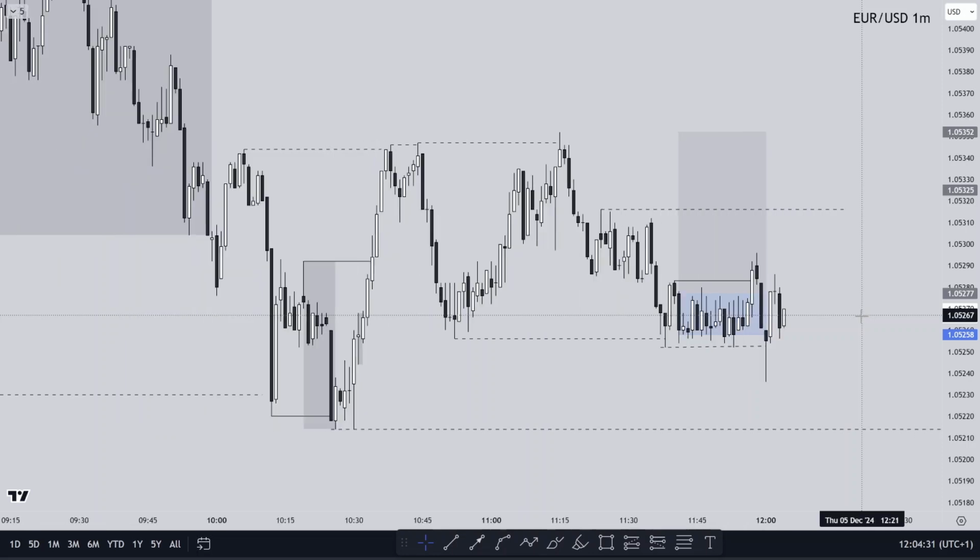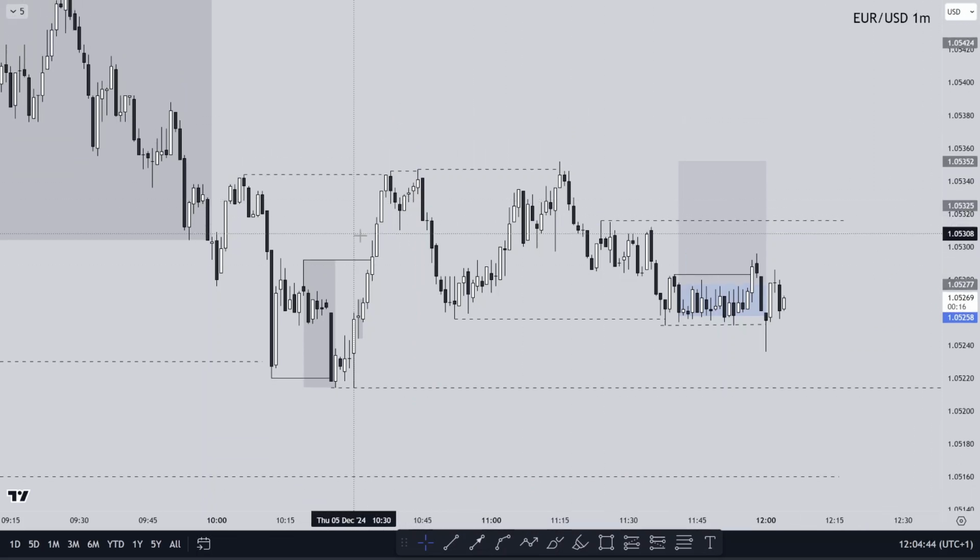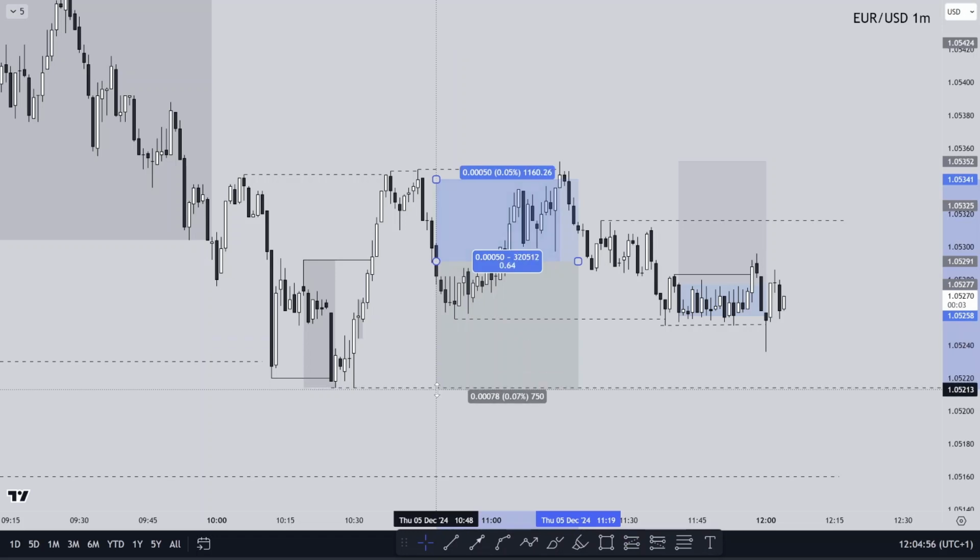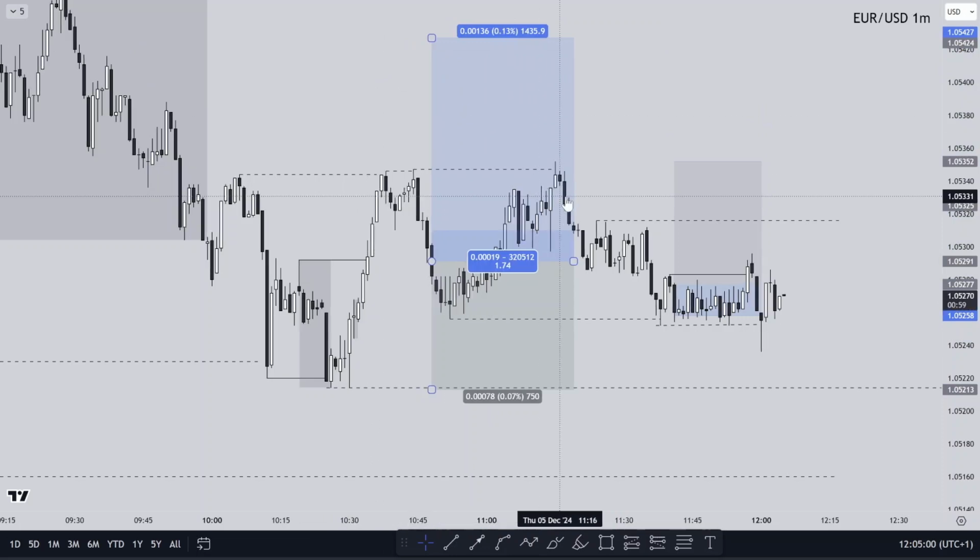But I'm really happy because remember that I was looking for a long setup, and it was good, because the price started with a lot of strength to the upside, but then nothing happened. Imagine entering maybe here after this retracement, and being in this trade.